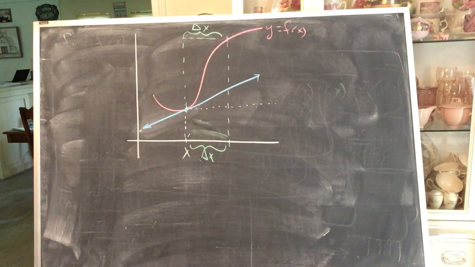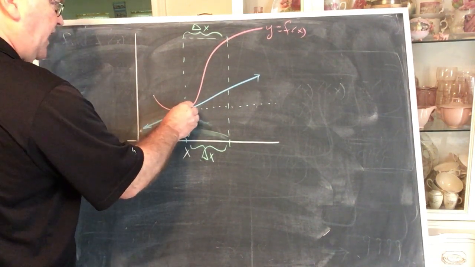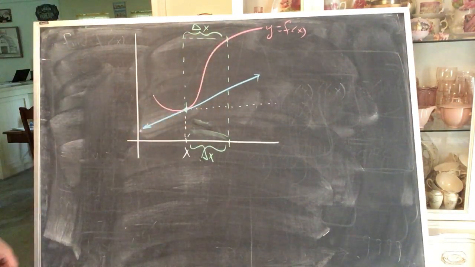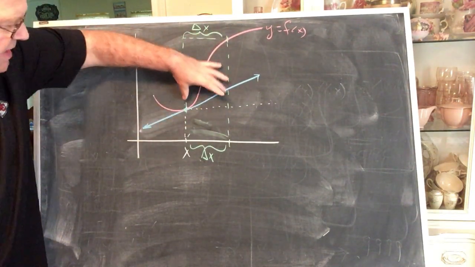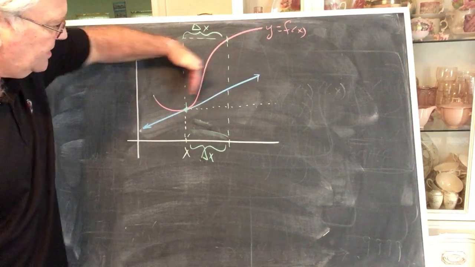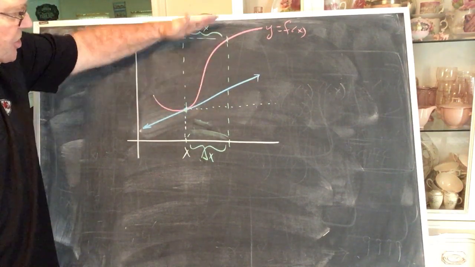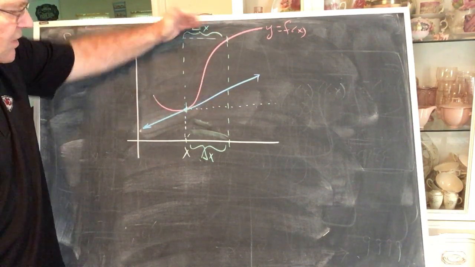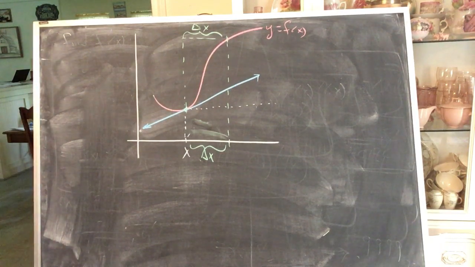It's the change in x from this point to that point. Well, if you have a change in x from this point of tangency to this point here, you also have a change in the y coordinate. We've changed the x value from here across. This is the change in x. We also have the change in y. This vertical distance is the change in y.